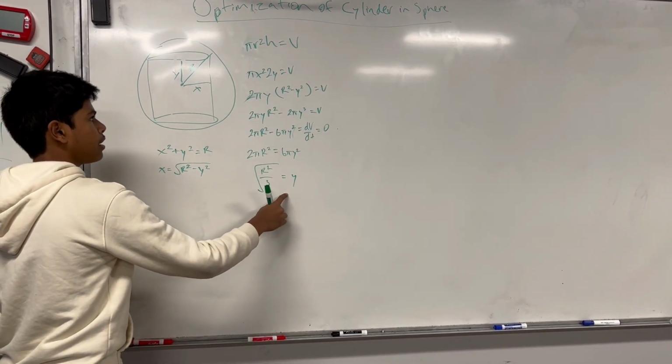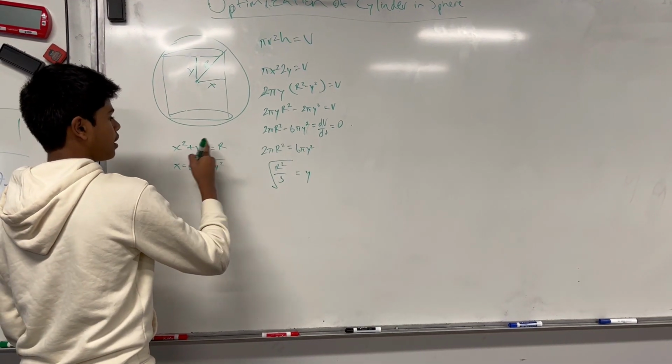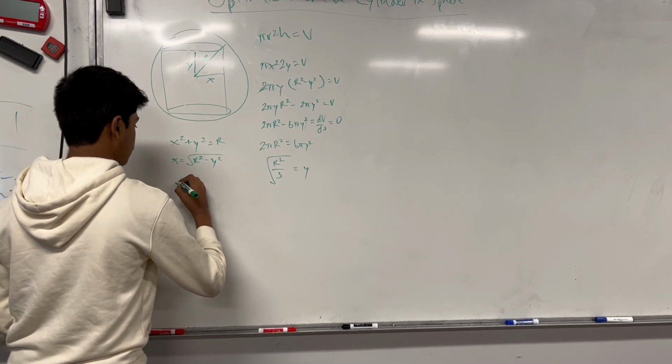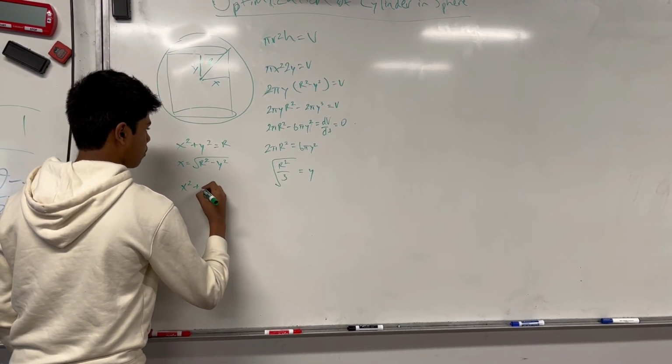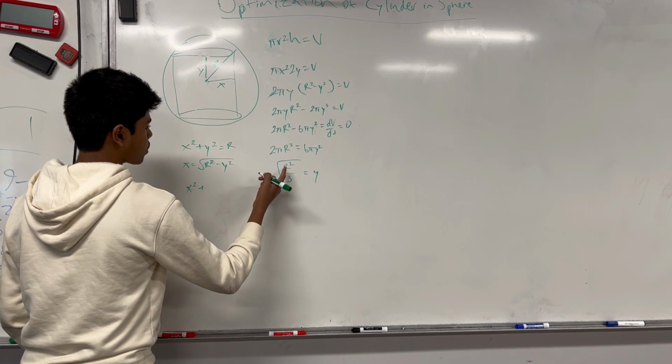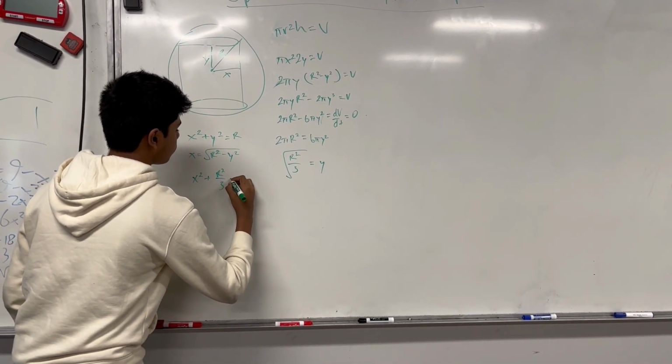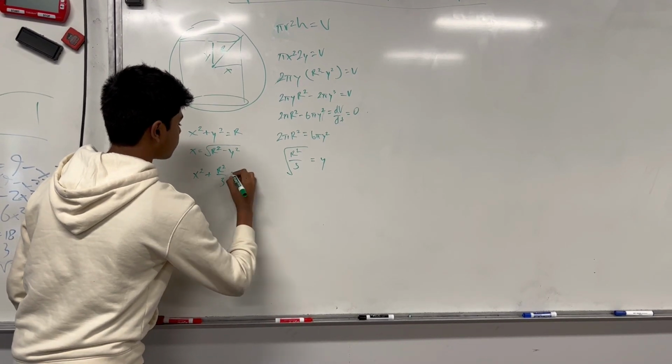Now we can plug this back into our Pythagorean formula and we can solve for x. So here we get x squared plus r squared over 3 is equal to r squared.